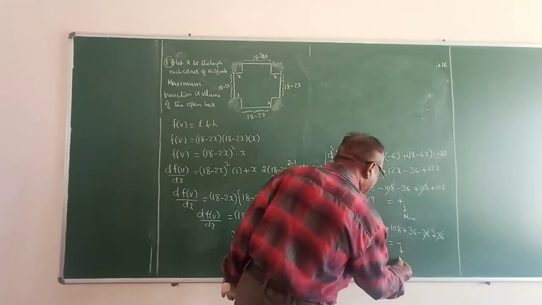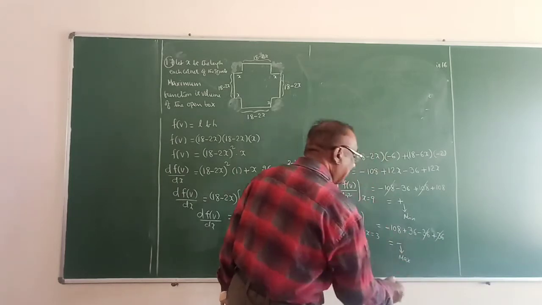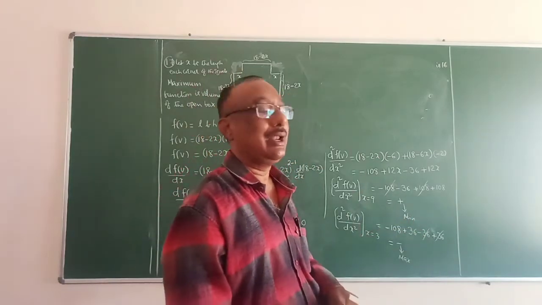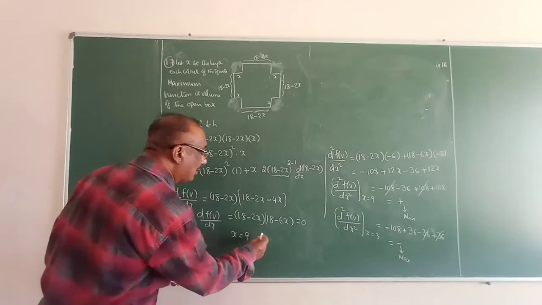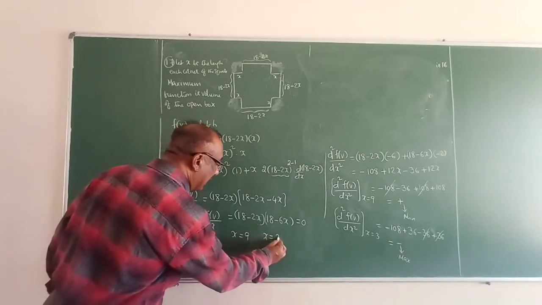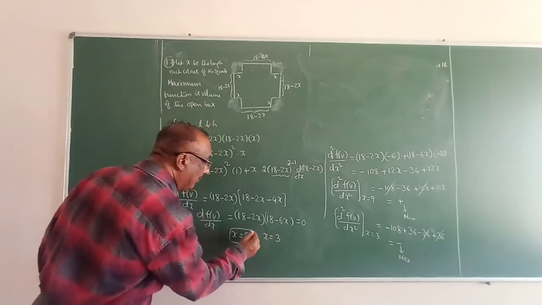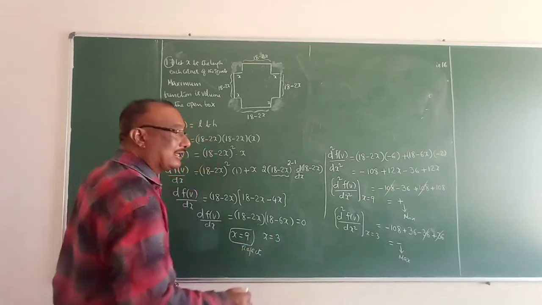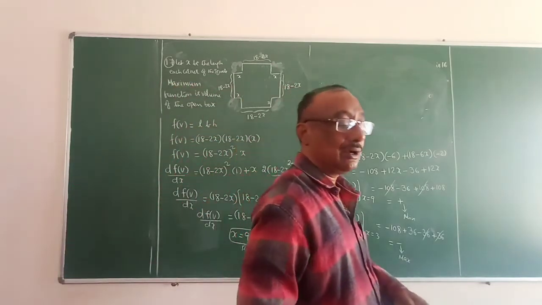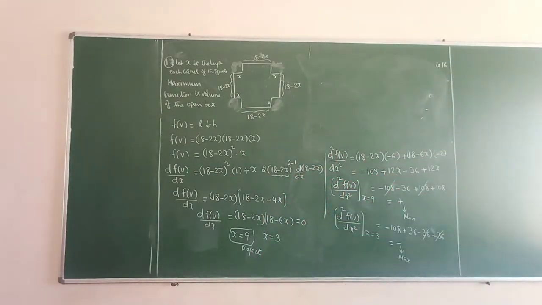Negative means it is the maximum. Therefore x is equal to 3 is the correct value. x is equal to 9 is rejected, because at x is equal to 9 we are getting the minimum value. Now take x is equal to 3 as the correct answer.